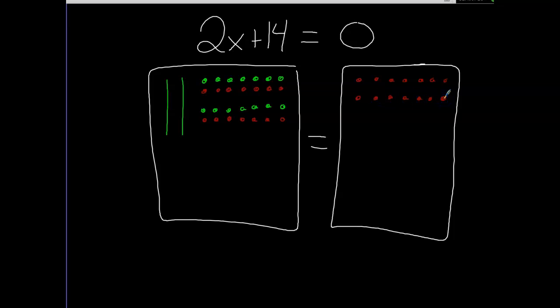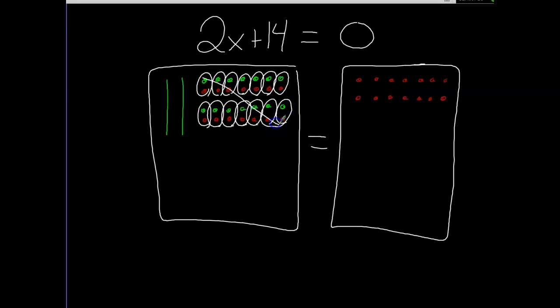Okay, so like I said over here, I made a bunch of 0 pairs. And so these are all gone now. Now I have 2x equals 14 negatives. So I have 2 x's that I need to split up into 2 groups.